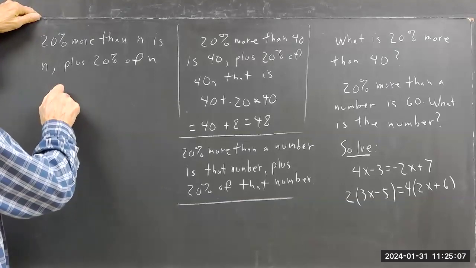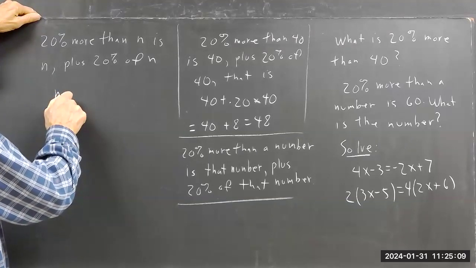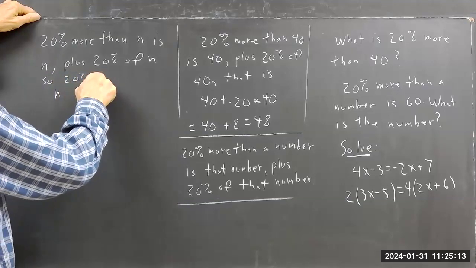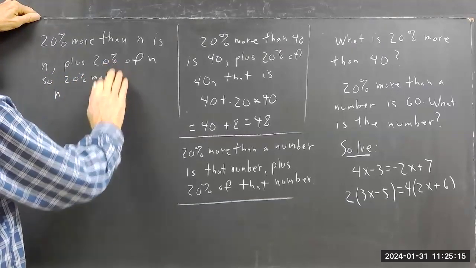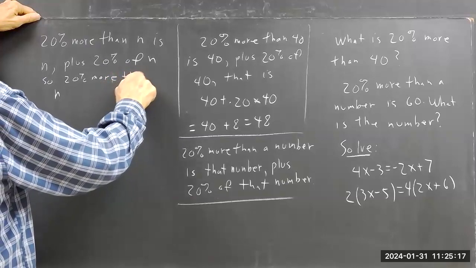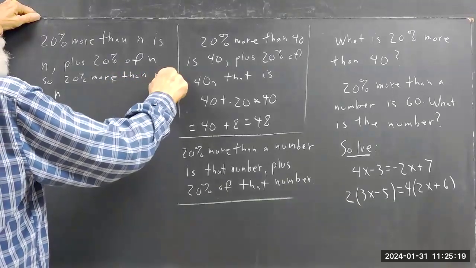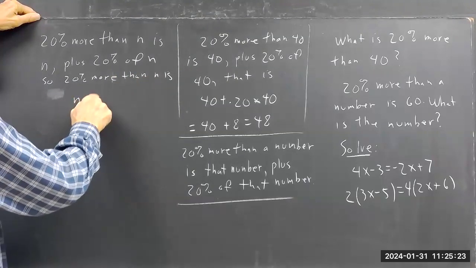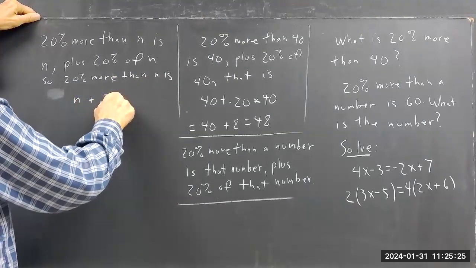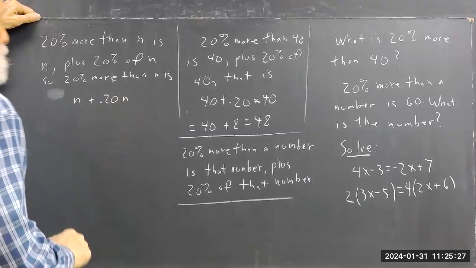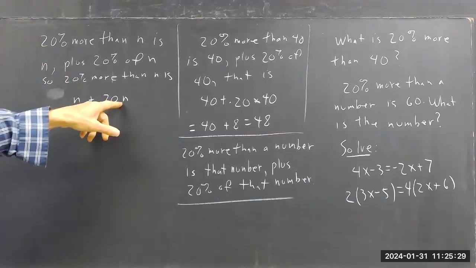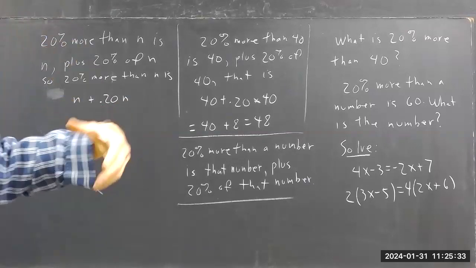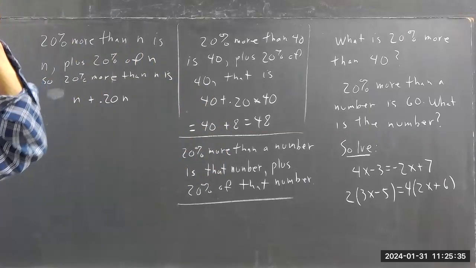Okay, so what do we mean? I'll give you a complete statement. So 20% more than N is N plus 0.20 times N. And you can put a multiplication sign in there if you want, but if you just write 0.20 N, it means 0.20 times N, right?